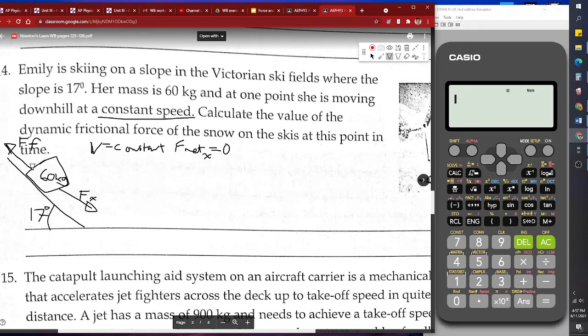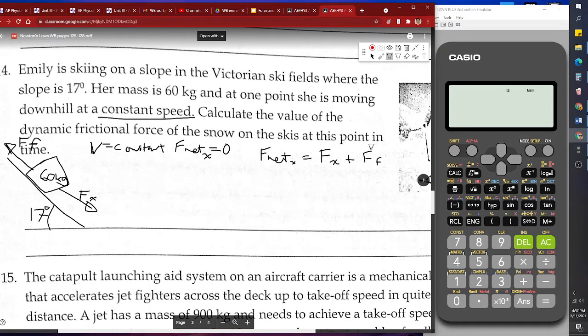How do I know that? F net equals Fx, the force downhill, plus the frictional force. We can see that one's negative and one's positive.